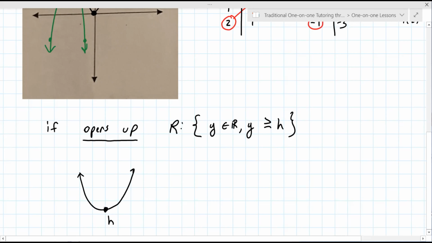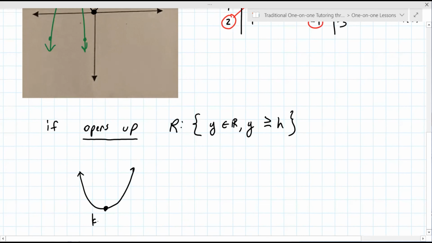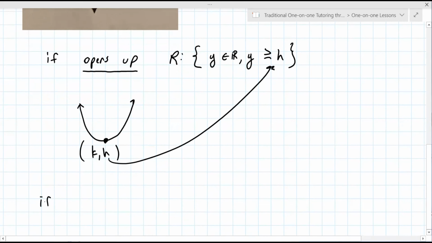It's h comma k. There's two points here, the x value and the y value. That number goes there. So if it opens up, it's that. And then if it goes down, it's curly brace y element of the real numbers, comma y less than or equal to h also.